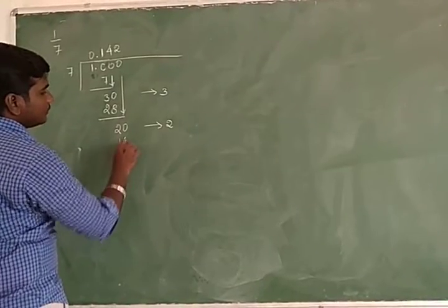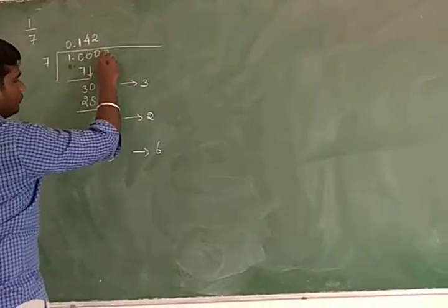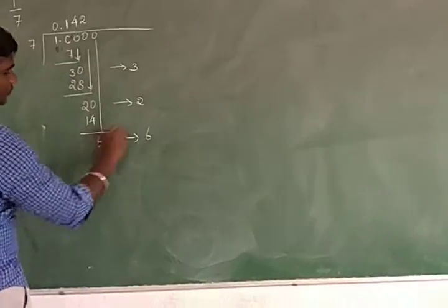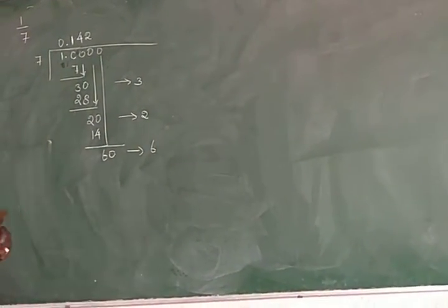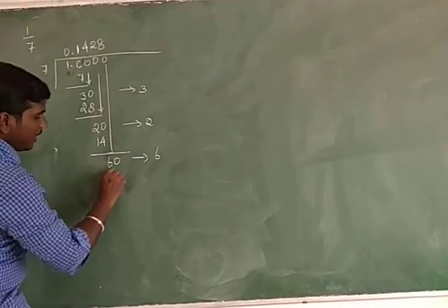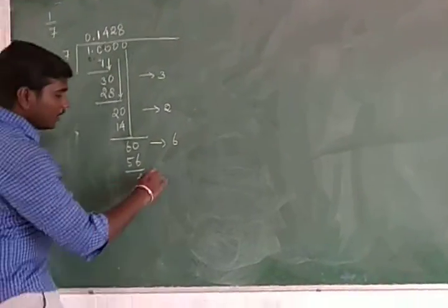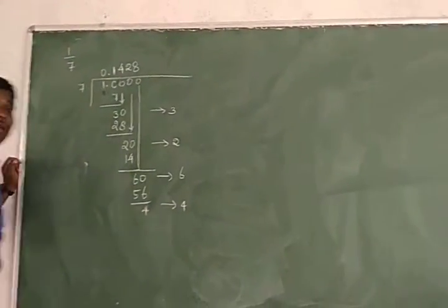Remainder 6. Note it. Next add 0. 60: 8 sevens are 56. Remainder 4.